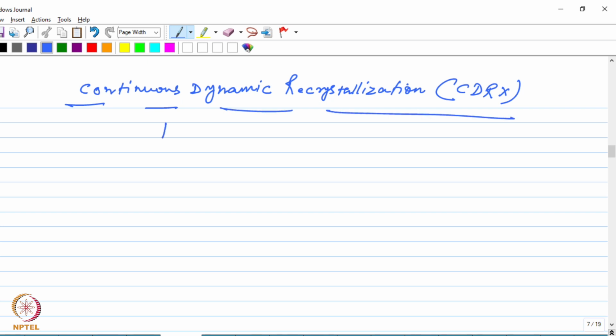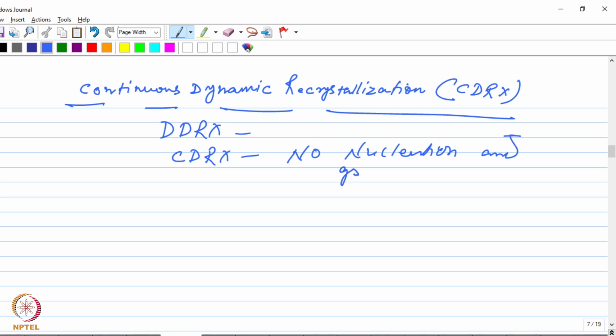Unlike the DDRX process, in case of CDRX there is no predefined nucleation and growth stage. The strain-free grains rather form by a mechanism which leads to progressive increase in the misorientation across the boundaries, which form due to dislocation rearrangement.